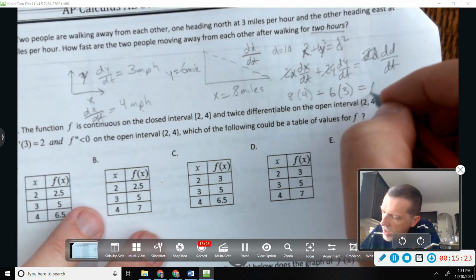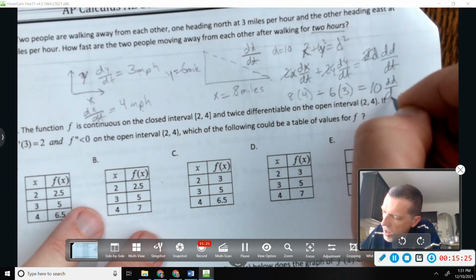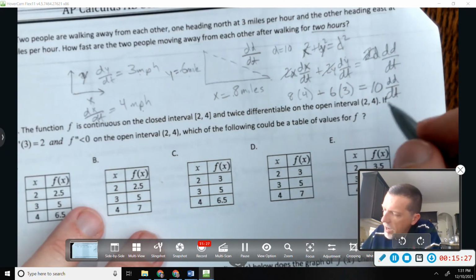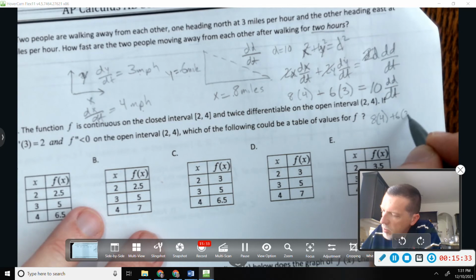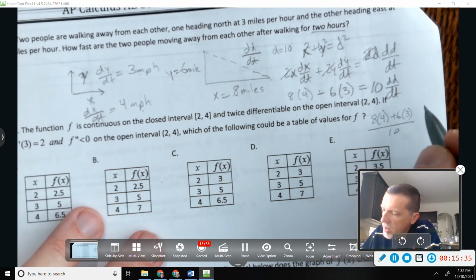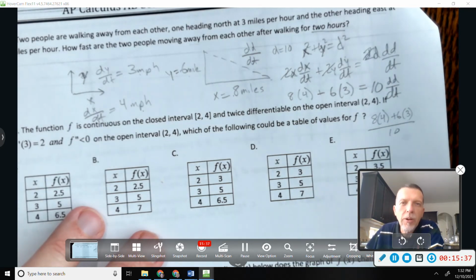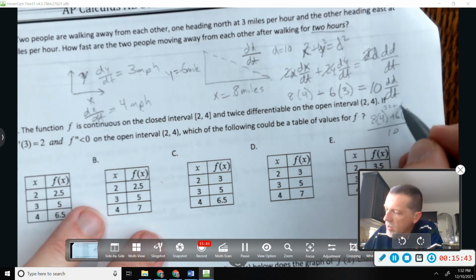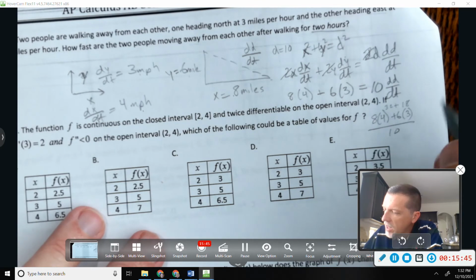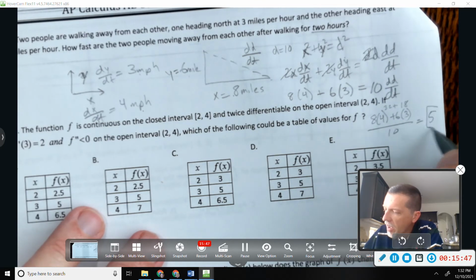And d is 10. So my answer, if I want a safe stop, would be 8 times 4 plus 6 times 3, all divided by 10. It's a calculator question. If it's multiple choice, you'd have to multiply that out. Let's see, 32 plus 18 is 50, divided by 10 is 5.